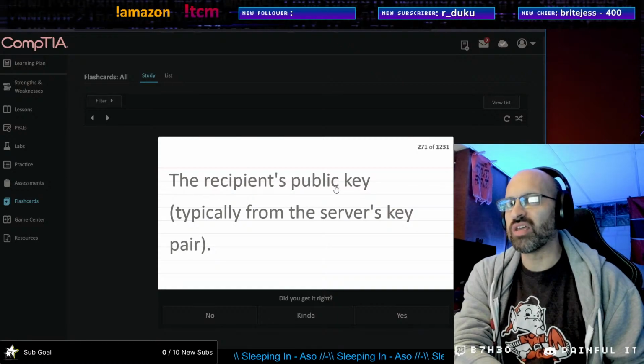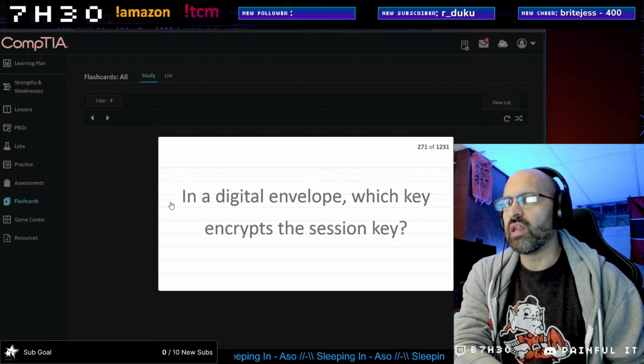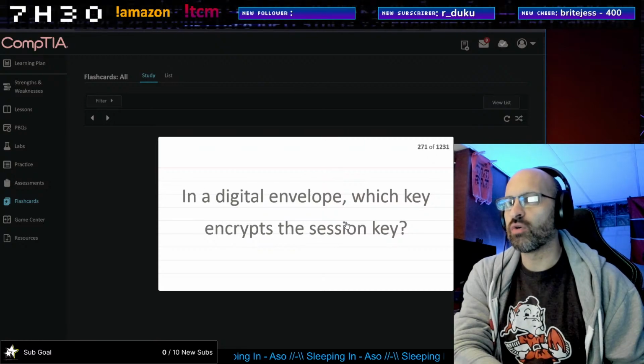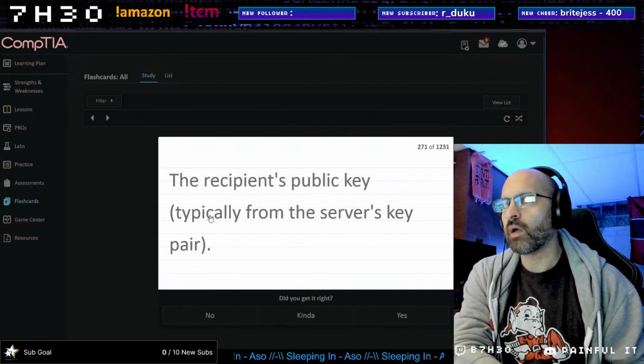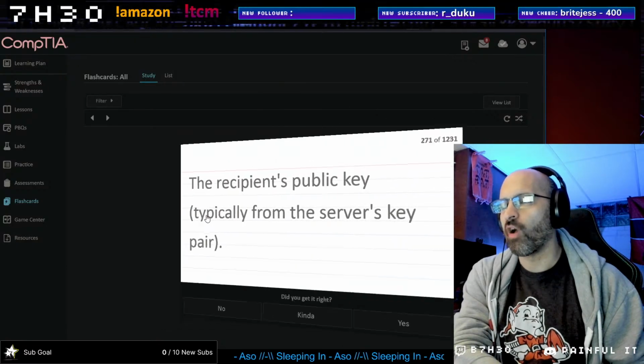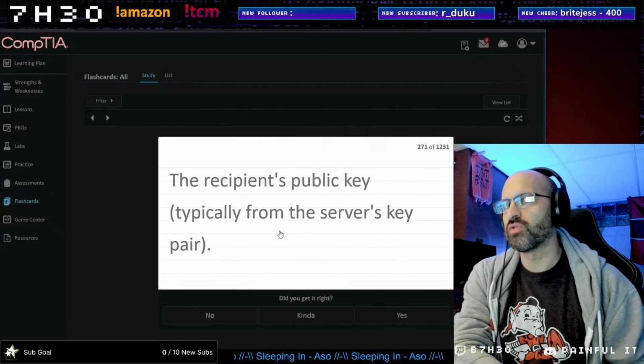The recipient's public key. In a digital envelope, which key encrypts the session key? The recipient's public key.